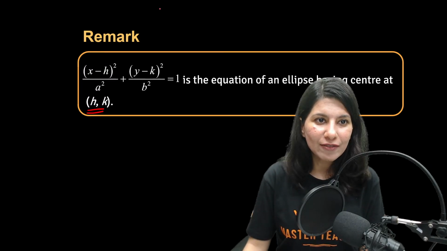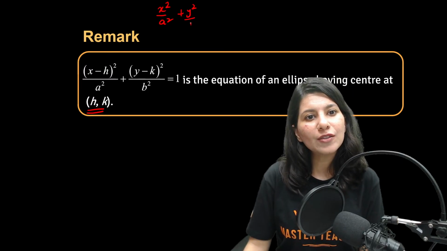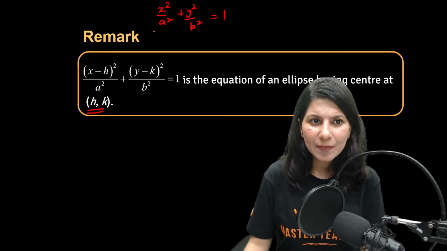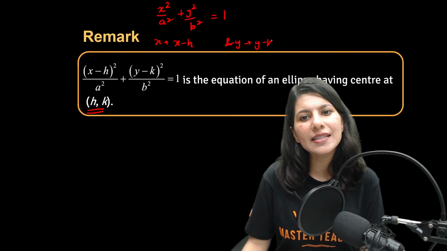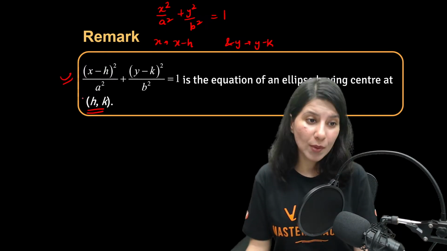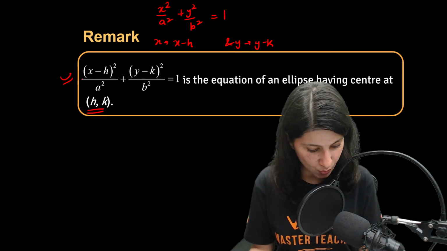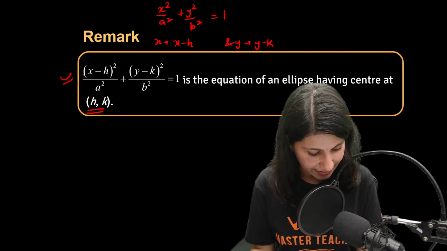You just have to understand this is the original or standard ellipse. The same thing we did in parabola, just replace x by x minus h and y by y minus k in this equation, and you will get x minus h whole square by a square plus y minus k whole square by b square is equals to 1.